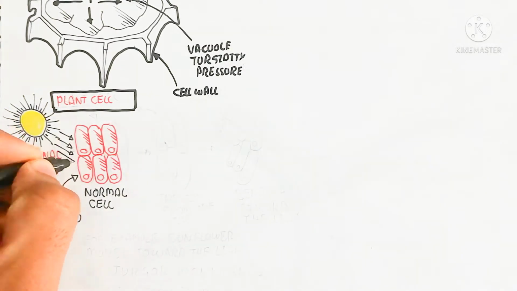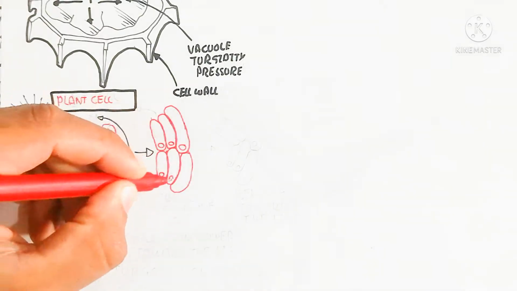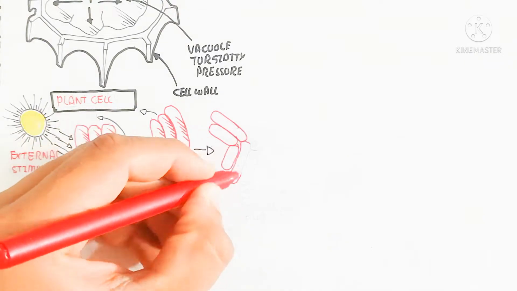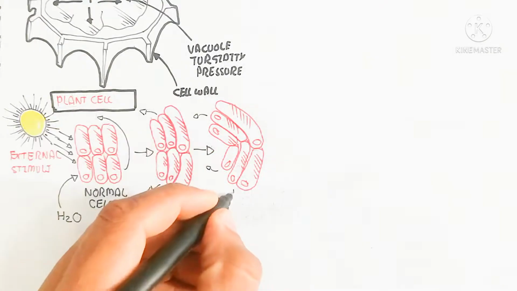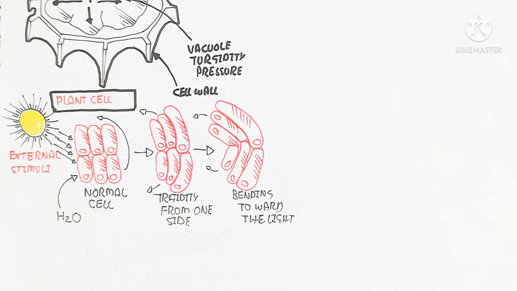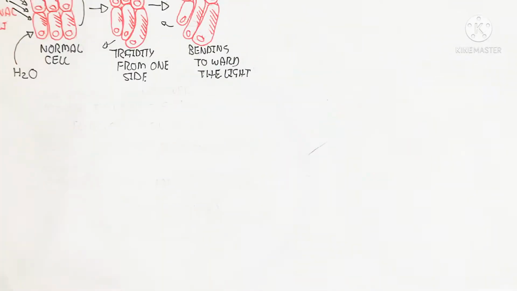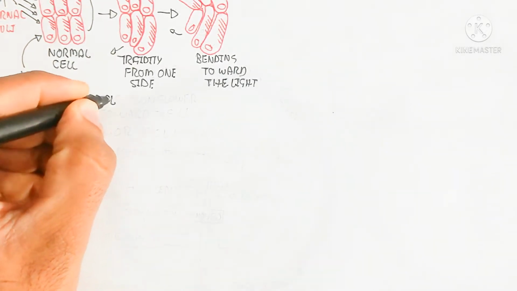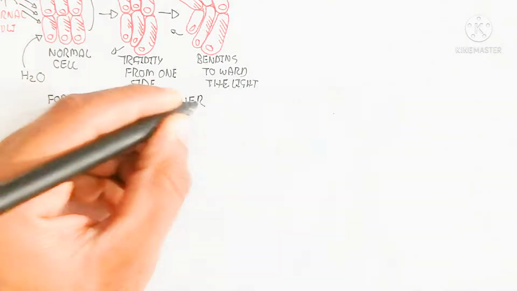With this plant cell I am giving an example for understanding the bending of the plant. Why does it bend? Due to water loss or water absorption. In this way the turgidity is very important. Here is a normal cell which becomes turgid after absorbing water into the vacuole, so it will be bent toward the light.